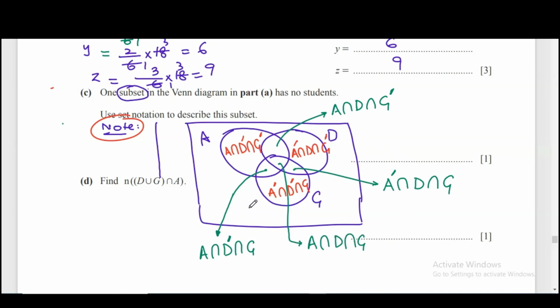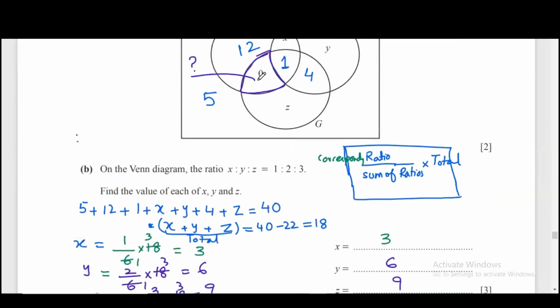So by comparing with this note, this region has 0 students. Look at the diagram, there are 0 students.